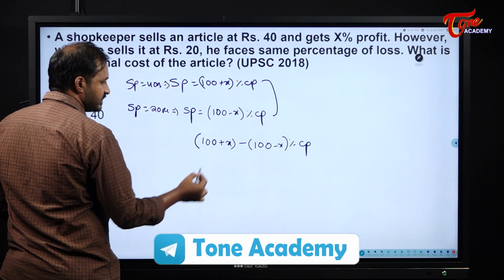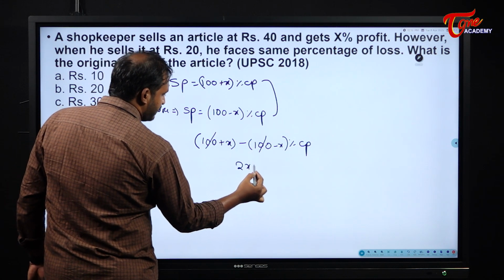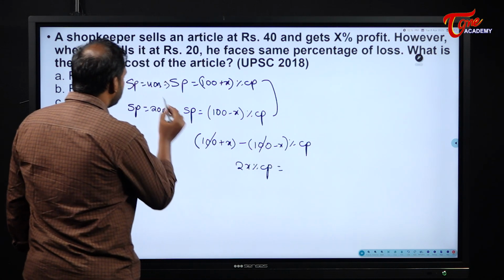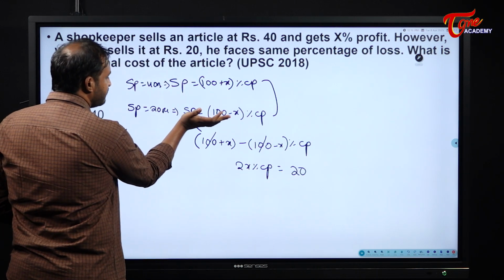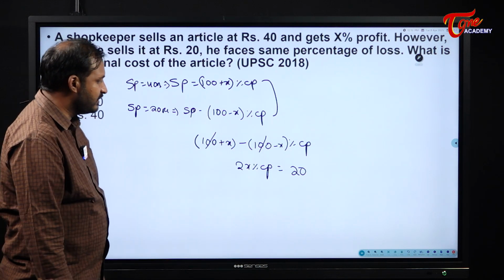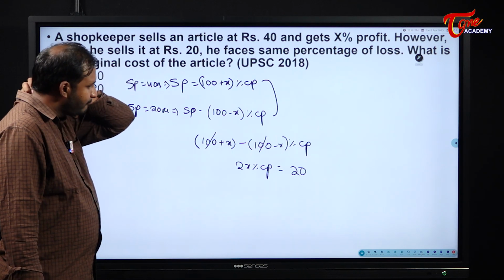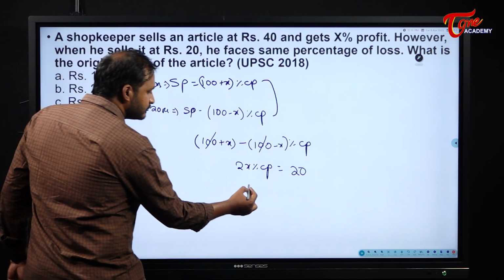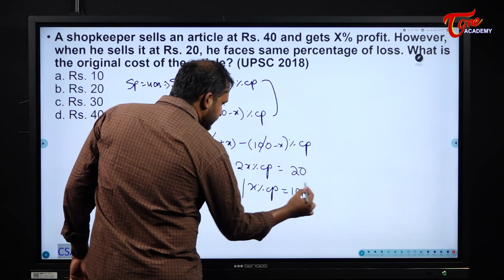When I subtract these two things, 100 will get cancelled, X plus X becomes 2X% of CP, which will be equal to the difference between these two, 20. So 2X percentage of CP will become 20. Understood? So now, X percentage of CP becomes 10 rupees.